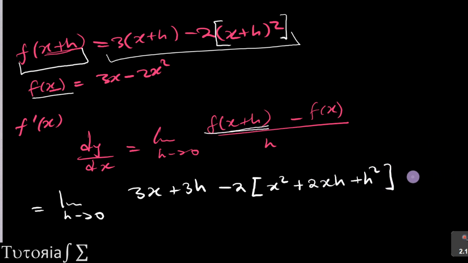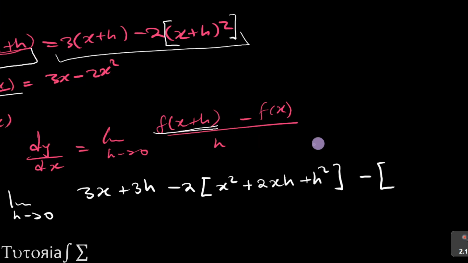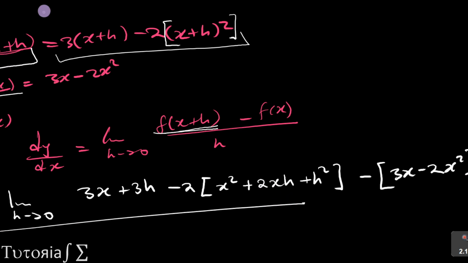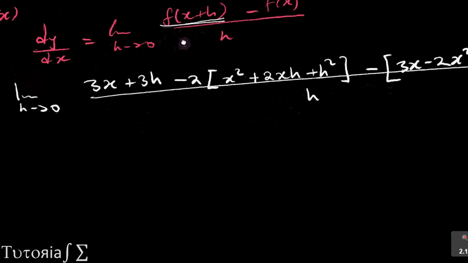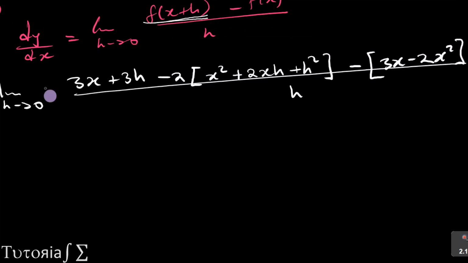Then for the second part, we say minus, we put it in parentheses, 3x minus 2x squared. This is all over h. So now we can further simplify. So this is equal to 3x plus 3h.